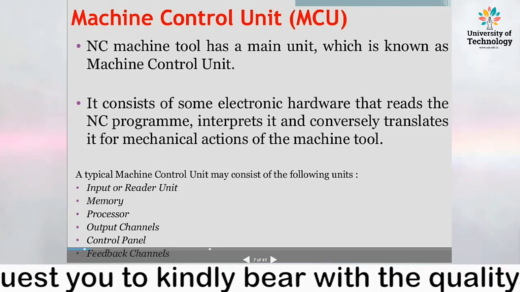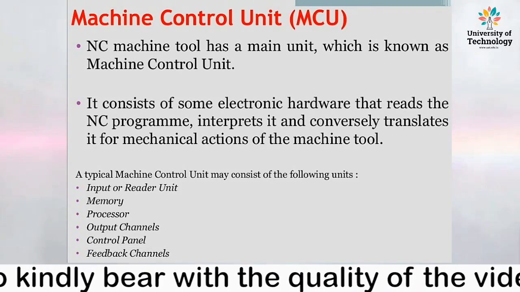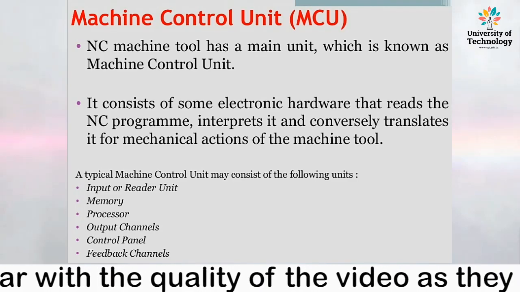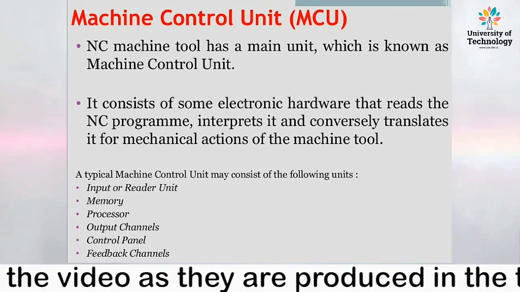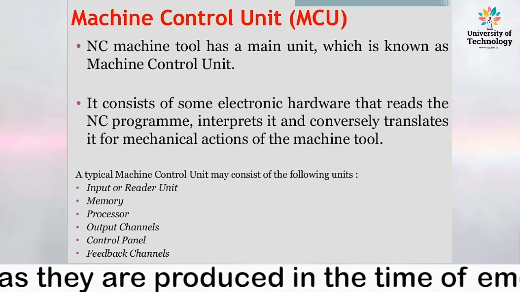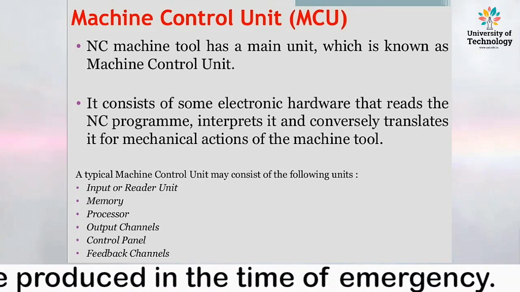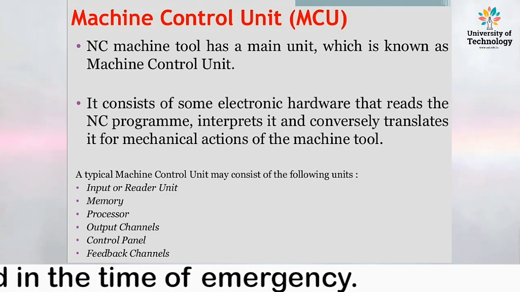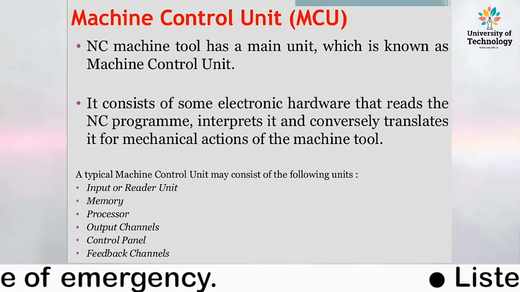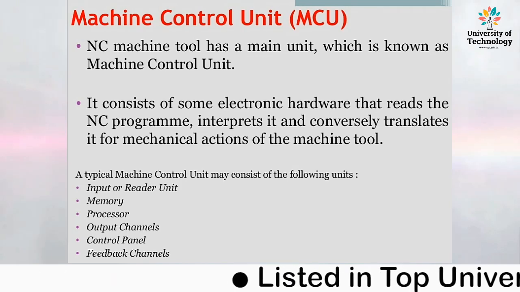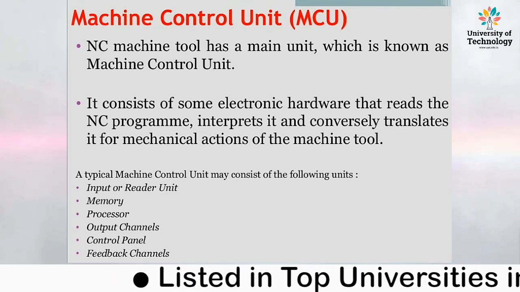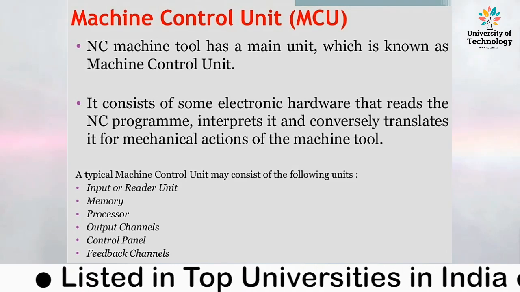Now we can discuss the major element, the machine control unit. An NC machine tool has a main unit known as the machine control unit. It consists of electronic hardware that reads the NC program, interprets it, and translates it into mechanical actions of the machine tool.